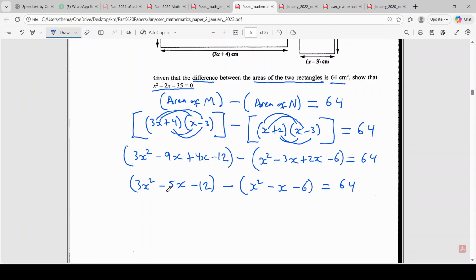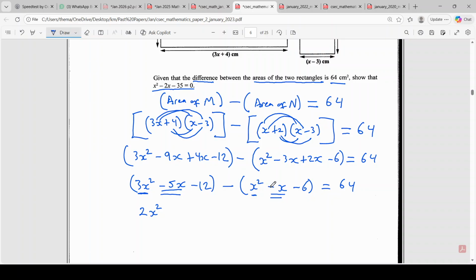Right, so now we could remove the brackets, but when you're removing the brackets, this negative sign has to apply to all the terms in here, right? So let me look at the like terms. We had 3x squared, take away x squared. That will give me 2x squared. Then we have minus 5x, take away minus x.